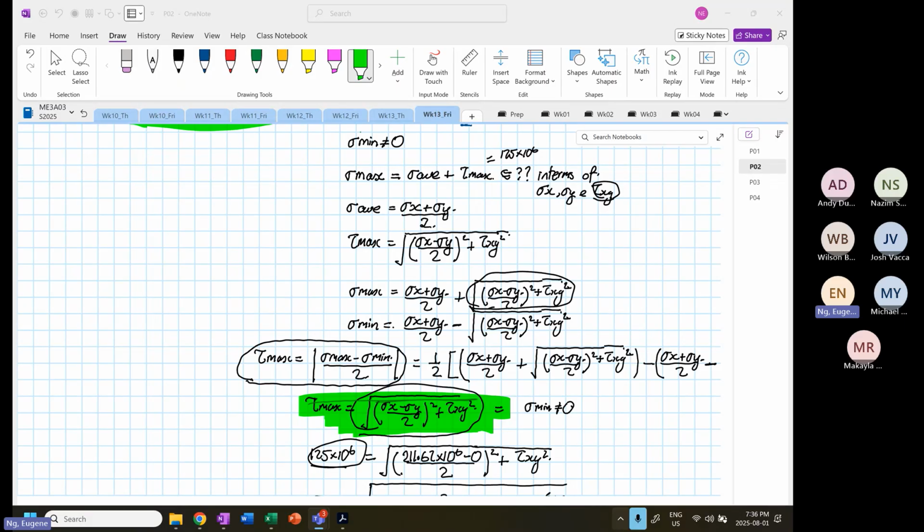No, you just need to sketch the 3D Mohr circle and show me that stress max and stress mean are not equal to 0. That's why you apply that formula. Anything else to clarify? Any homework question that is still confusing you?